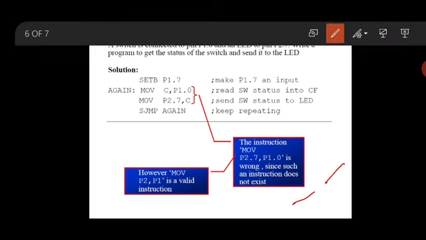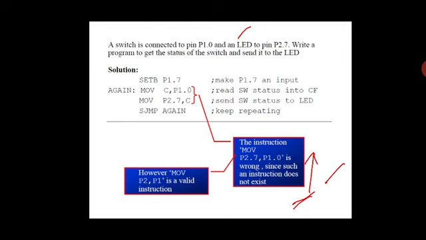I have a switch. This is my switch. Now where is it connected? It is connected to P1.0, which means my data status will be read from P1.0, and an LED to pin P2.7.